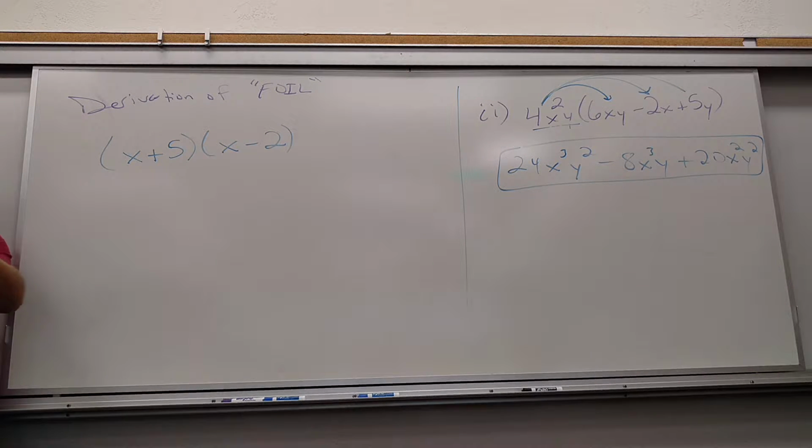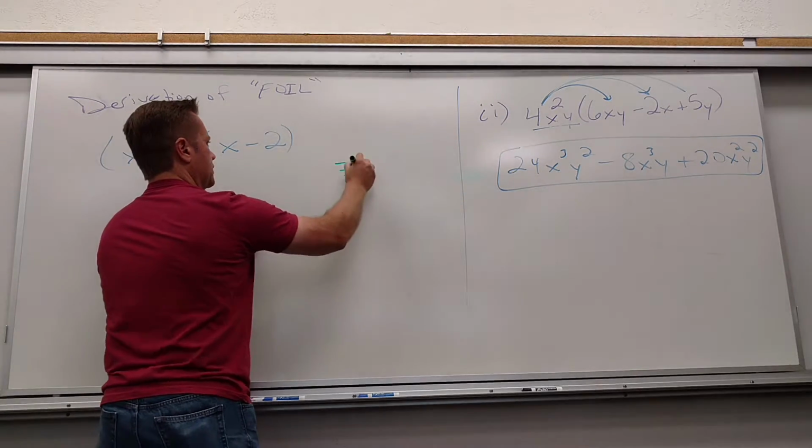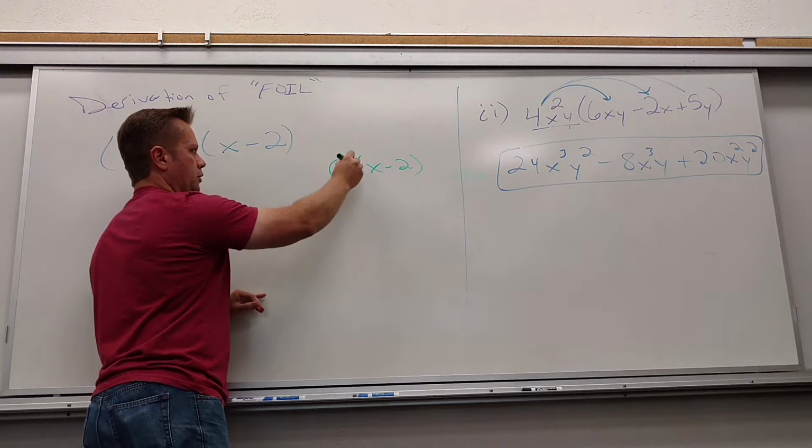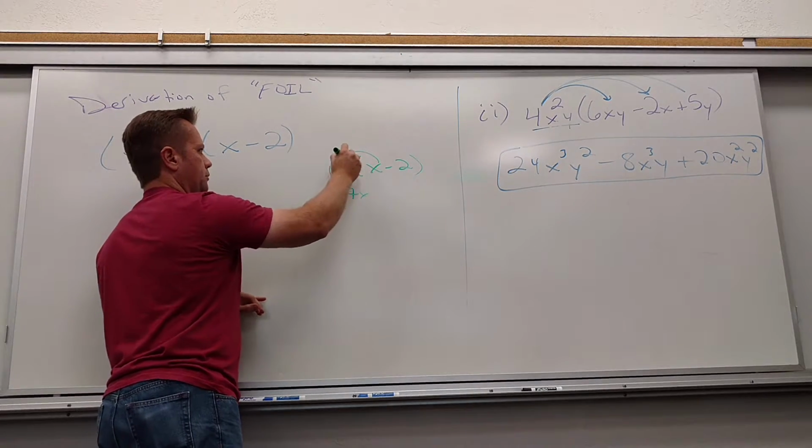You might have never seen why it works. There should be a part of you that's like, why do we do that? And the other part's like, just shut up and do it. But listen to the part of you that goes, why do we do that? If I had 7 times x minus 2, what would I do? Take that number times x, and then that number times negative 2.